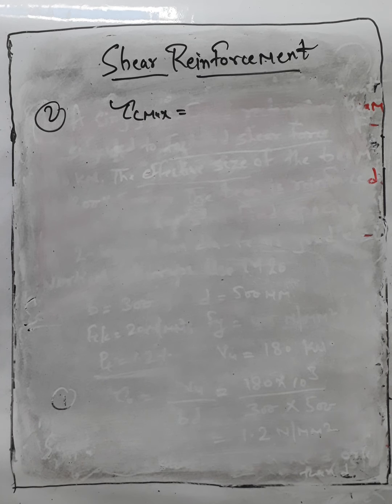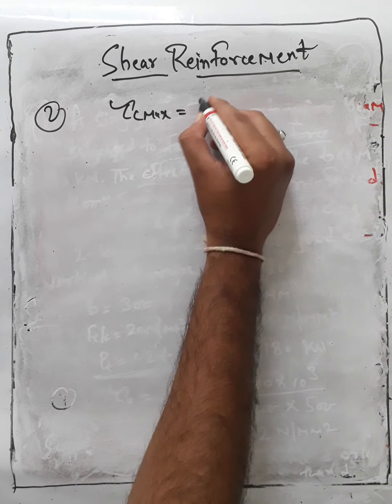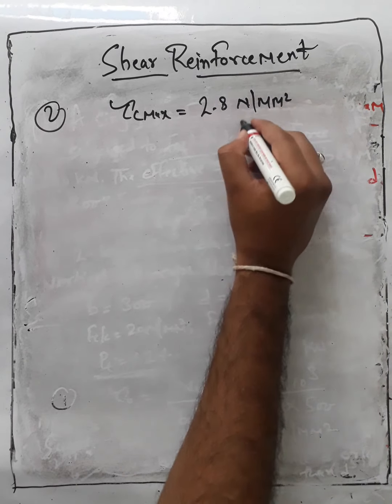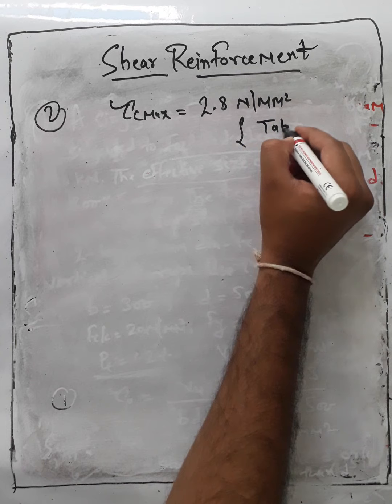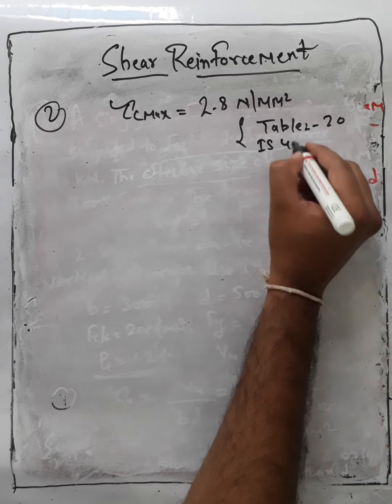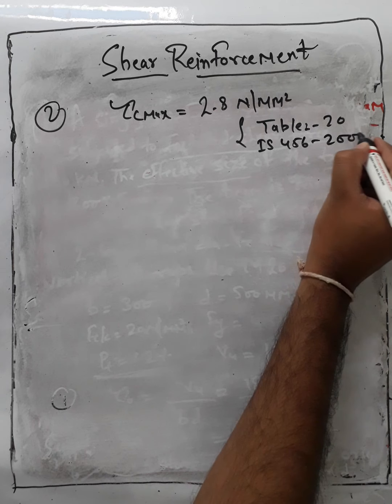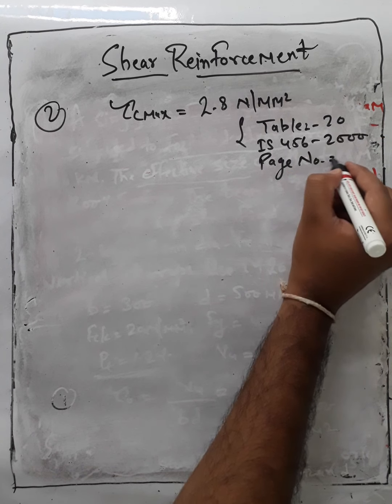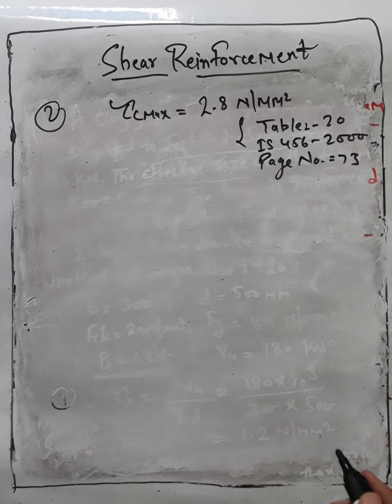So for M20, because in our question we have M20, tau c max is equal to 2.8 Newton per mm square, and this we take from table number 20 of IS 456 2000, page number 73.